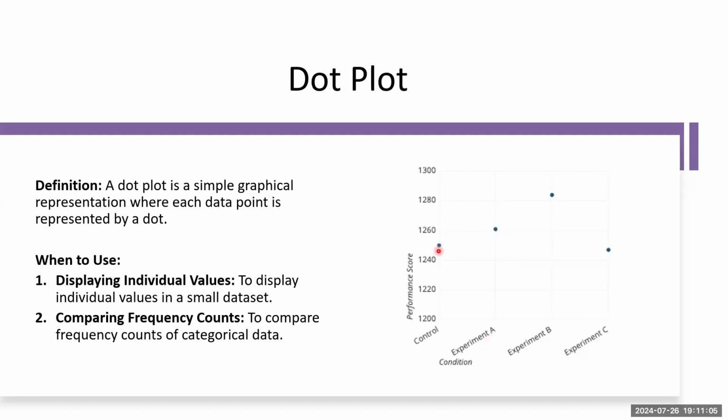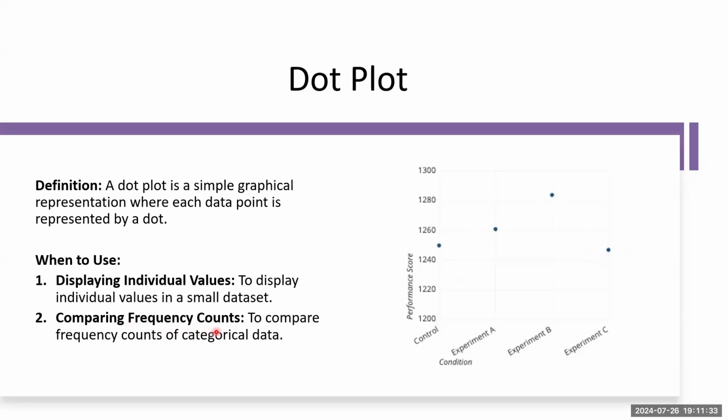We can use a dot plot, by just looking at the heights. So we could have done this with a bar graph by drawing bars here, here. And we can also use a dot plot to achieve the same thing.